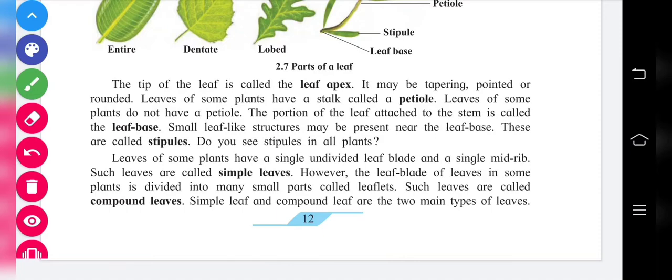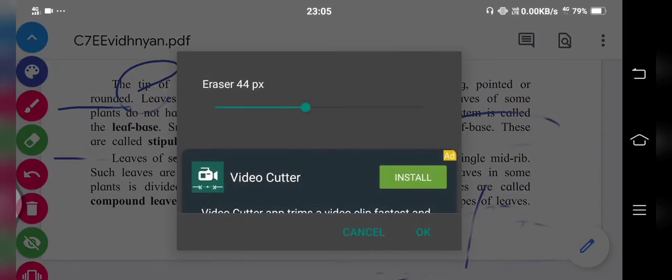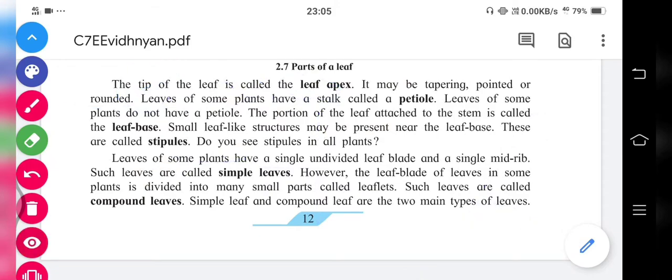The portion of the leaf attached to the stem is called the leaf base. Where is the leaf base? The leaf base means the basic portion, or starting point, of the leaf.